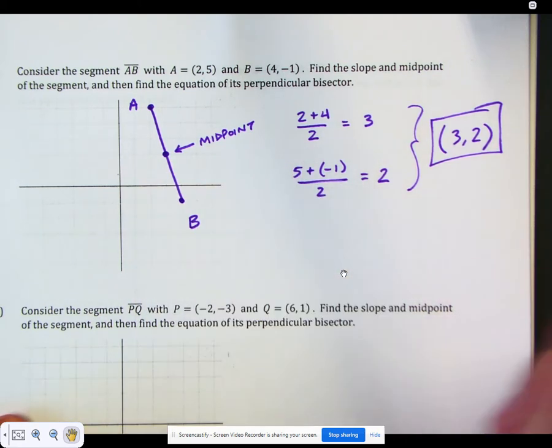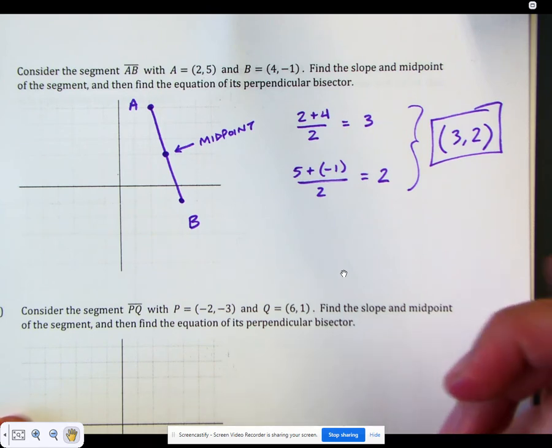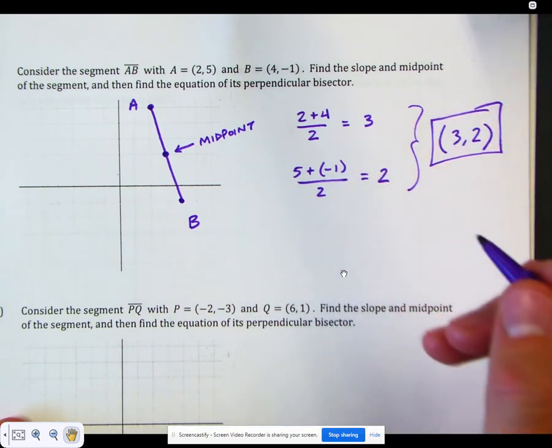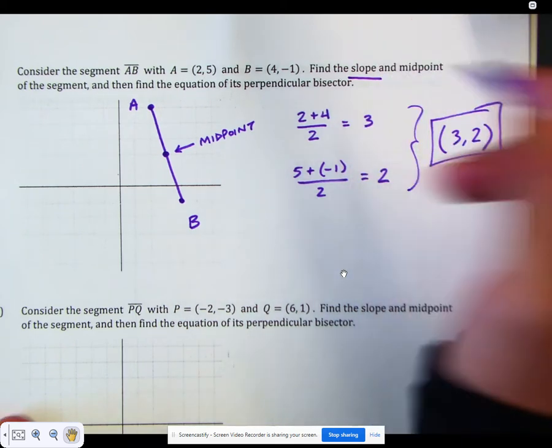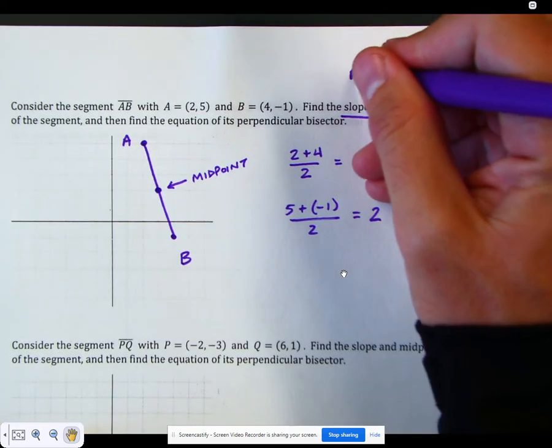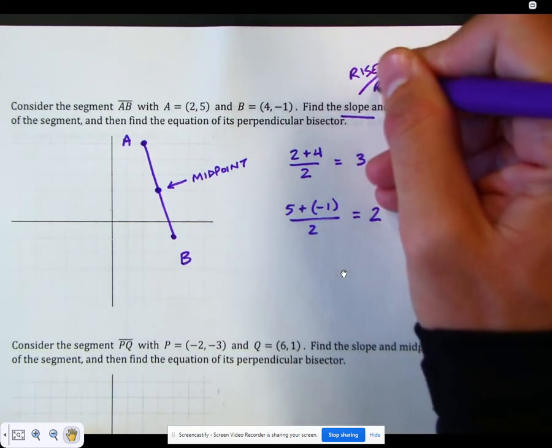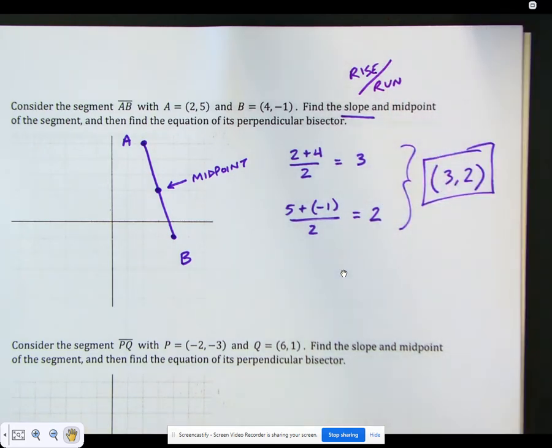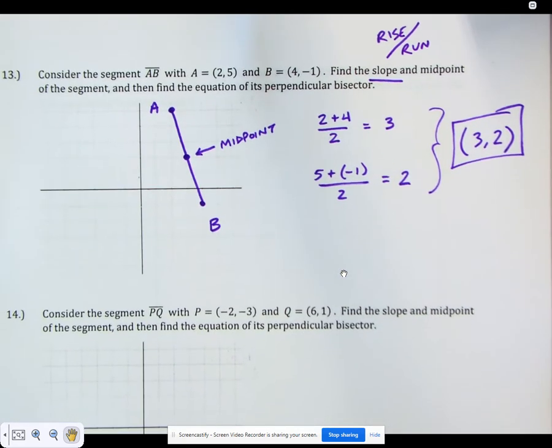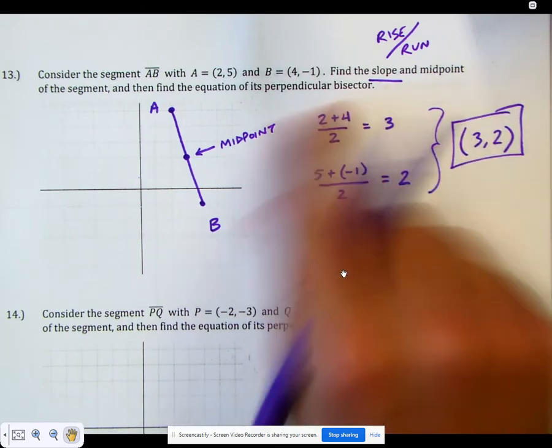Let's get the slope next. How do you find slope? Well, a little bit of review for you here. Slope is rise over run. Probably learned about that a bit in your algebra class. So let's do the rise over run here.